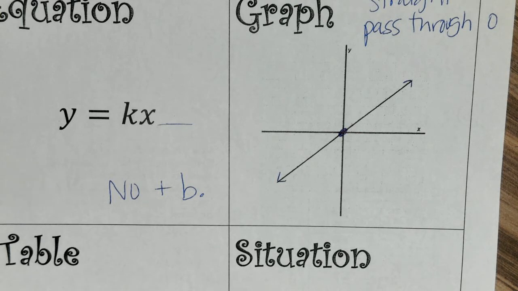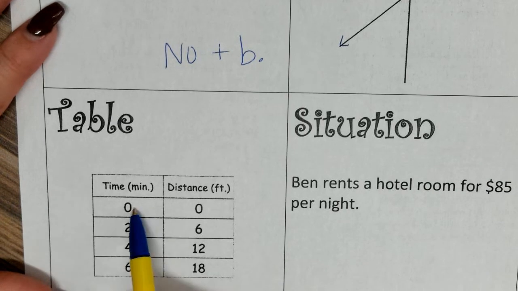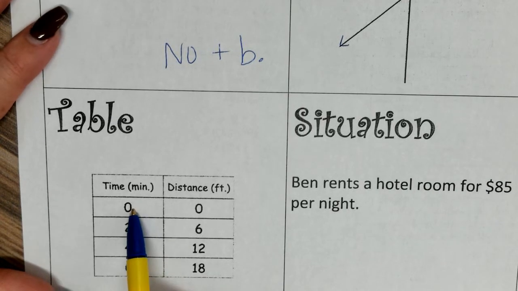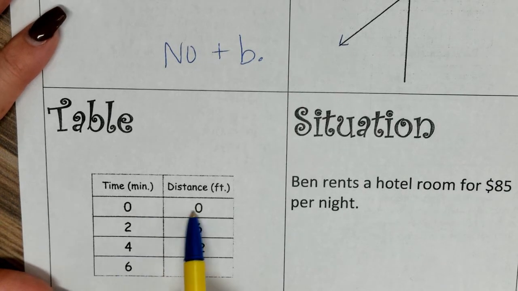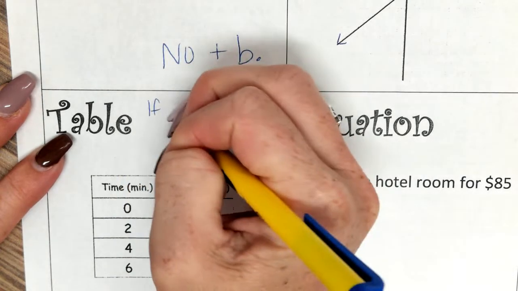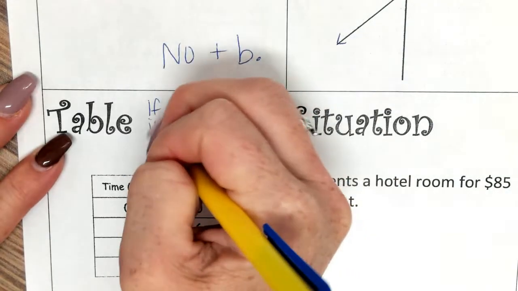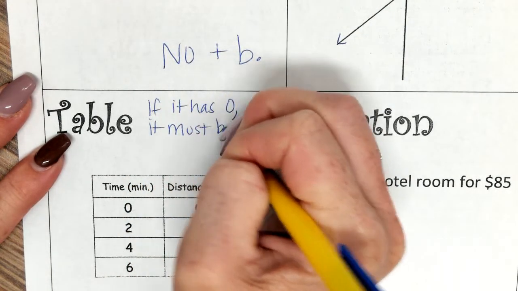Are y'all all good? So what would it be in proportional to be a table? The first requirement is if it includes 0, it better be 0 because that's passing through 0, yes? What if the 0 is at the end? It must be 0, 0.